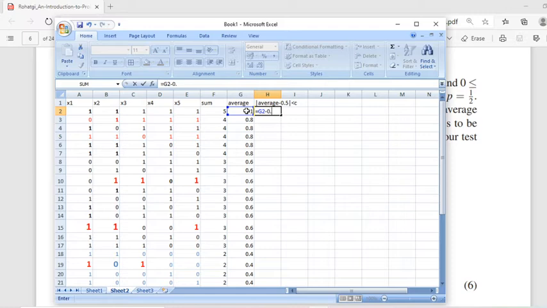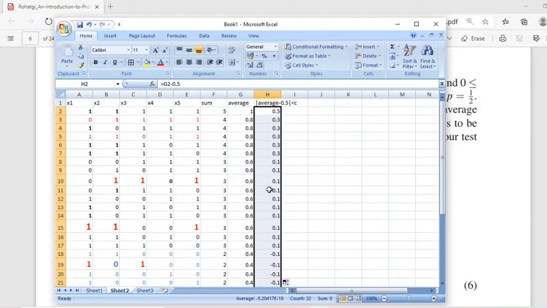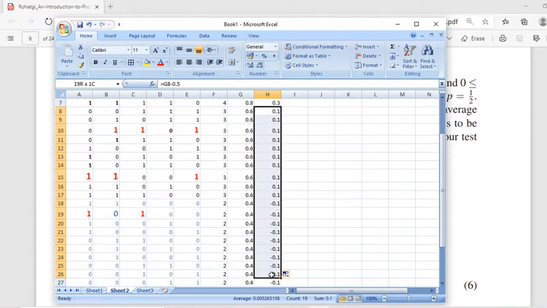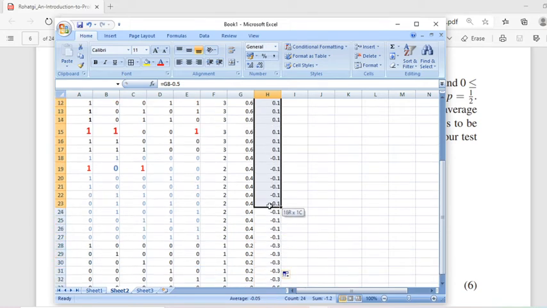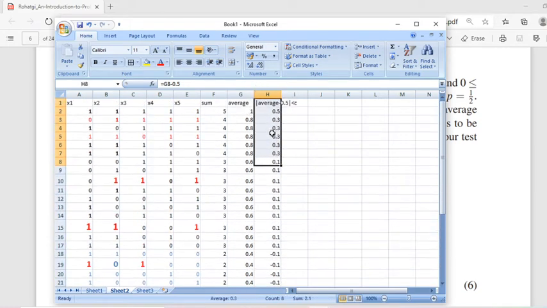Minus. Look at these values: 0.1 or minus 0.1. Let us take the modulus also. Let me look whether this is valid.